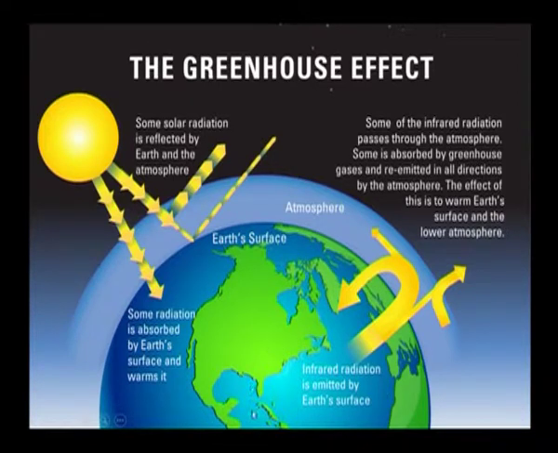Infrared radiation is emitted by the Earth's surface that has absorbed solar energy, and some of this infrared radiation passes through the atmosphere. Some is absorbed by greenhouse gases and then re-emitted in all directions by the atmosphere. The effect of this is basically to warm the Earth's surface and lower the atmospheric temperature as well.